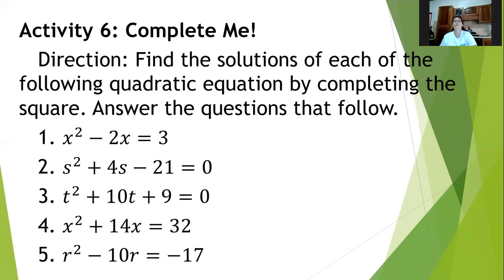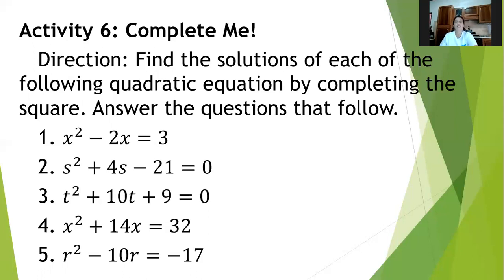Activity 6, Complete Me. Direction: find the solution of each of the following quadratic equations by completing the square. Answer the questions that follow. Number 1, x squared minus 2x is equal to 3. Number 2, x squared plus 4x minus 21 is equal to 0.